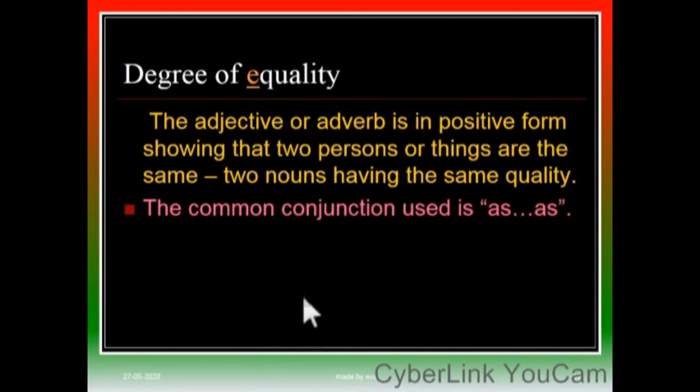Here you can see two nouns or two persons having the same qualities. Follow: the adjective or adverb is in positive form, showing that two persons or things have the same qualities. The common conjunction used is as... as.